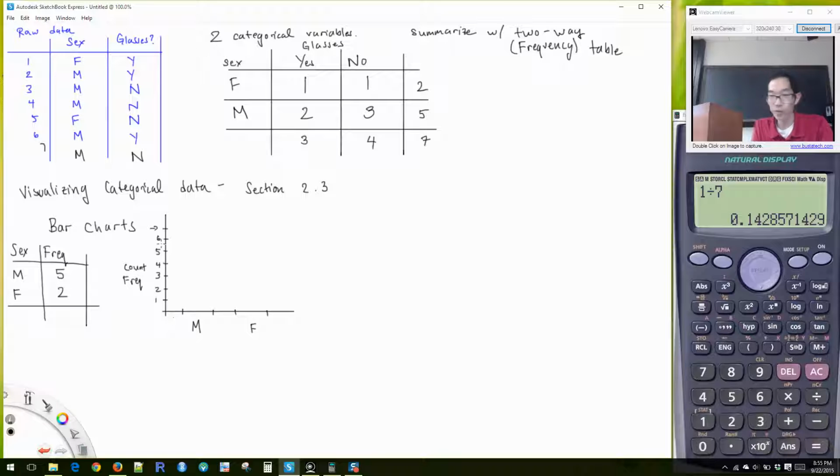For the males, I would draw a bar that goes up to 5, and for the females, a bar that goes up to 2. There you have it, this would be a bar chart. Straightforward enough. A few things to note about bar charts.